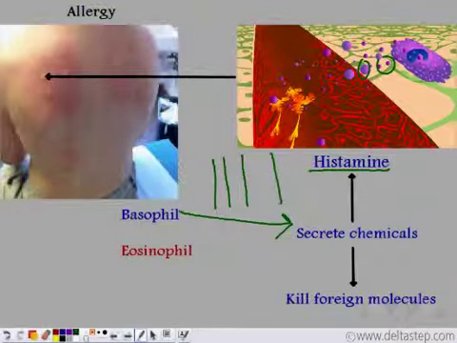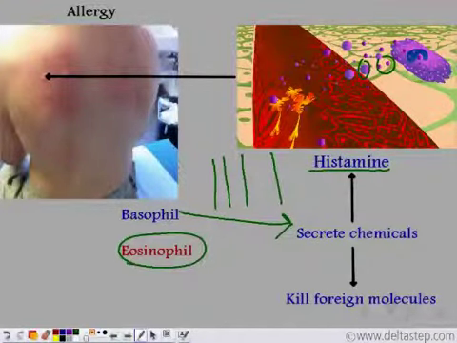So now these broader blood vessels can accommodate the eosinophils, which are bigger cells. So the histamine dilates the blood vessels so that eosinophils can pass through.